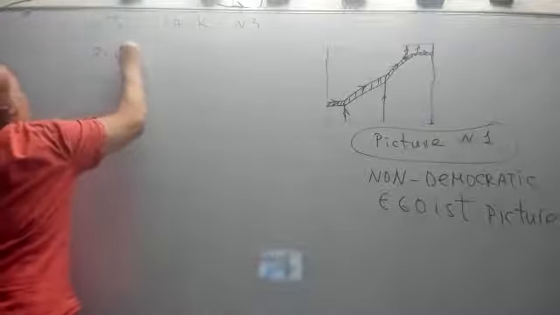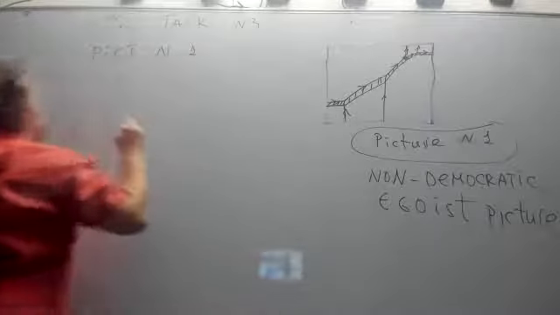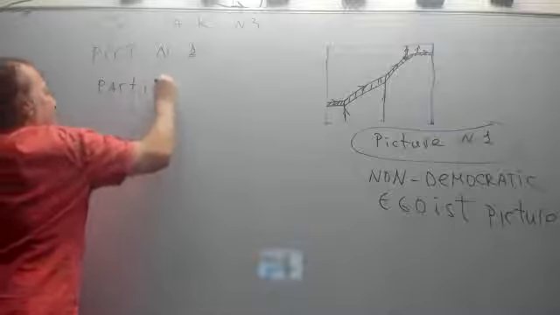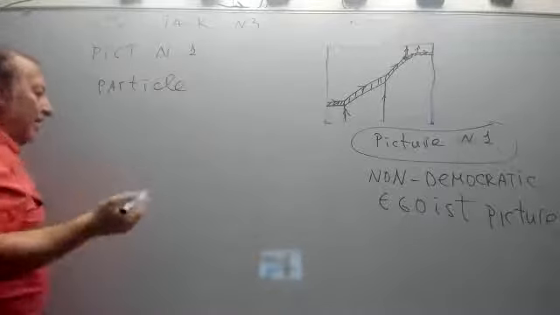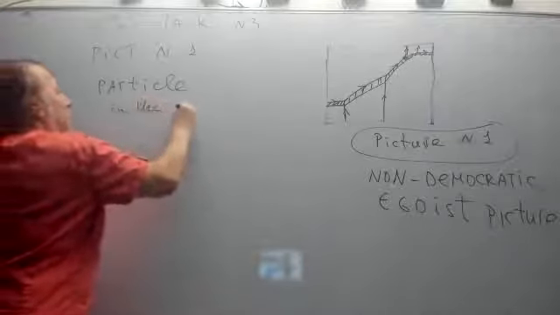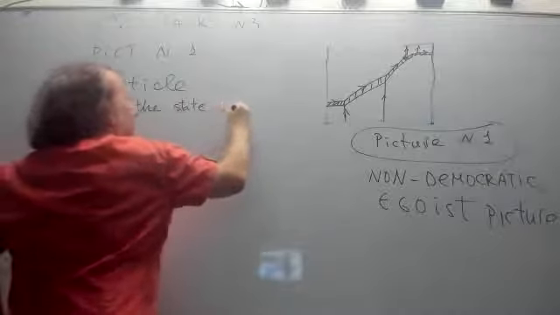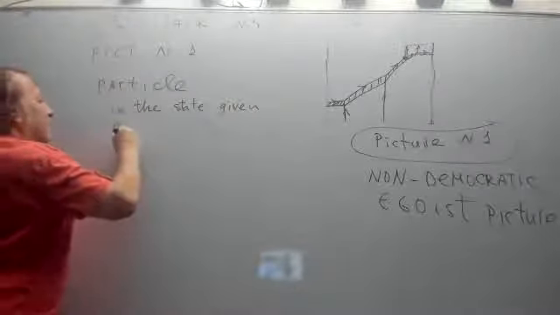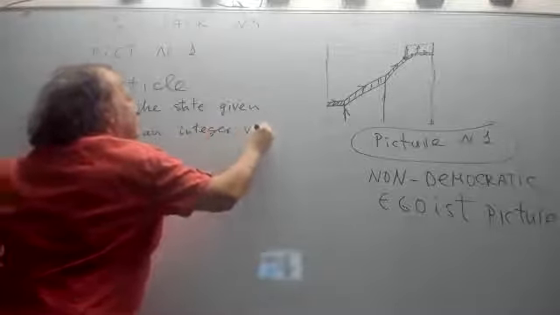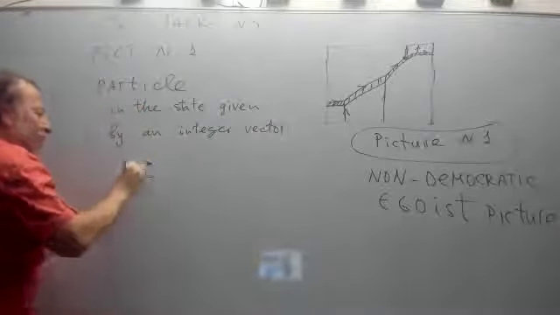So in picture number 1, we have a particle that could be in the state given by an integer vector. And let us call this integer vector n.